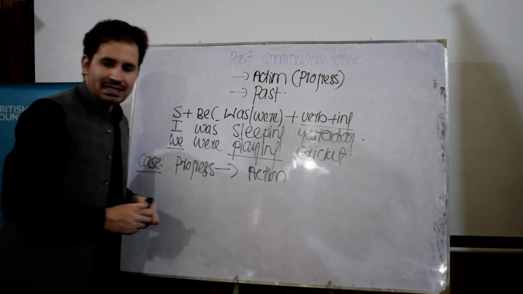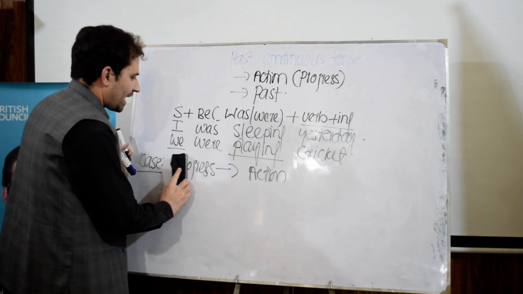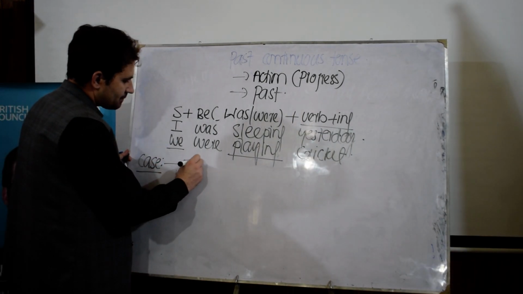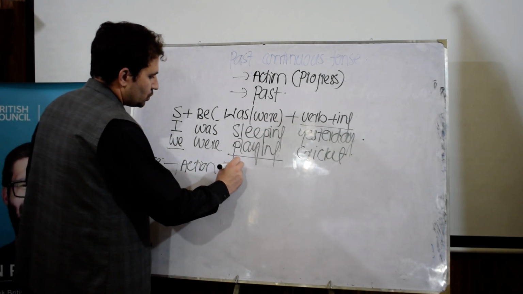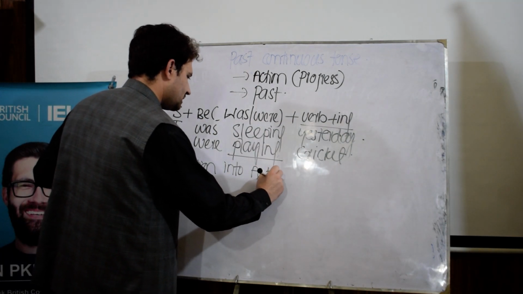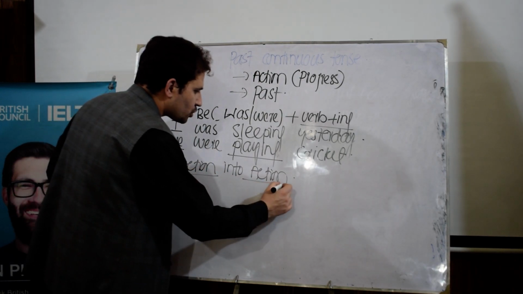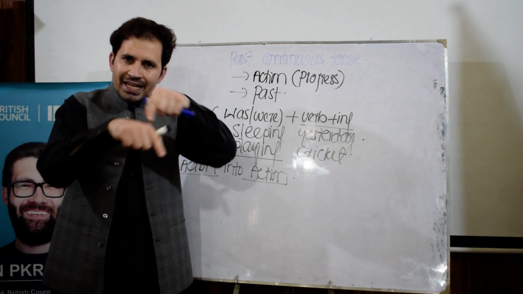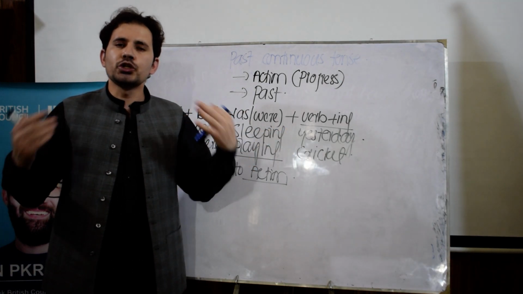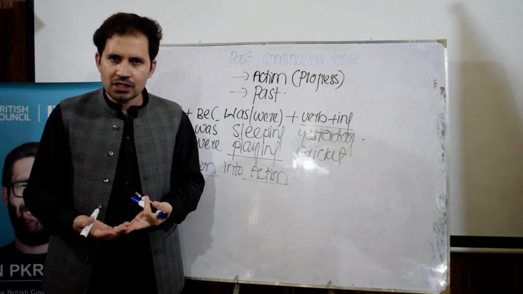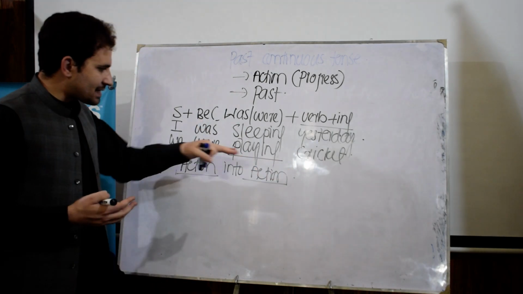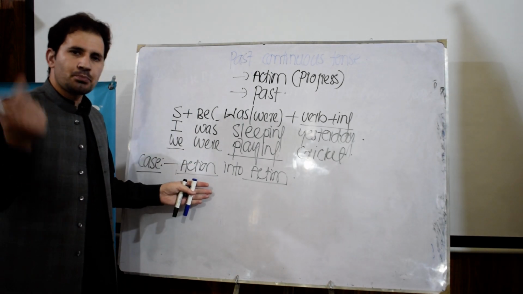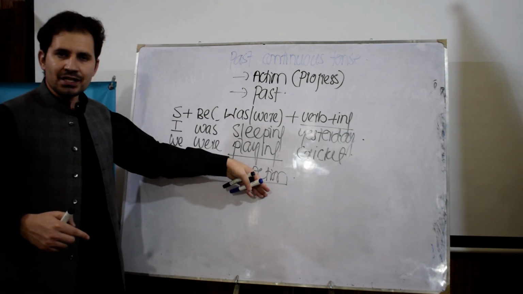So I can simply say action into action. Like we want to talk about two actions together at the same time, when one action was in progress. This case is used a lot in our daily conversation. So we need to understand how we can connect two actions together, when one action was in progress in the past, when another action happened.